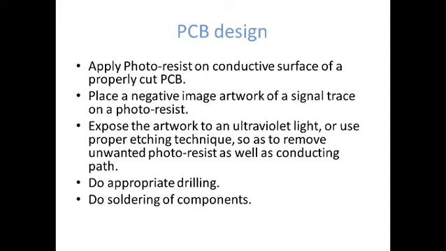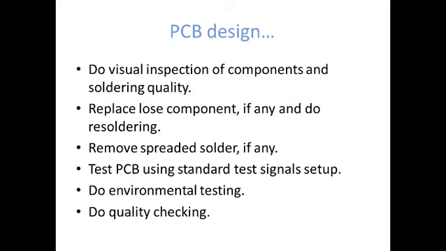Like first apply the photoresist on the conductive surface, then place the negative image of the artwork in the signal trace, then expose the artwork to ultraviolet light, use proper etching technique to remove the unwanted photoresist, do the drilling, do the soldering of the component, then make the visual inspection of the components and soldering quality, replace loose component if any and do soldering, remove spreaded solder if any, test PCB using standard test signal setup, do environmental testing and do quality checking.